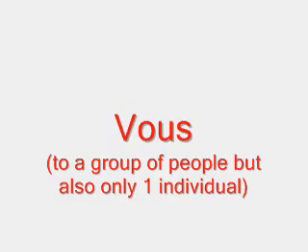Allez-vous bien, monsieur? Allez-vous bien, madame? Vous. Because you don't know that person enough to say tu. So you will say vous. And this vous is translated in Spanish with usted. For those of you who speak Spanish, you know what I'm talking about. Usted. And this is vous for a single person or for a group of people.